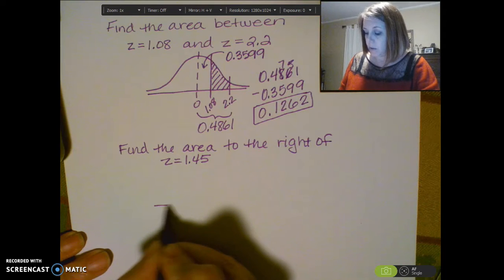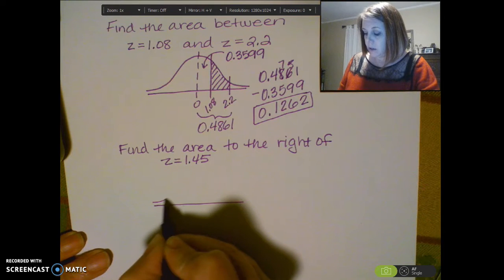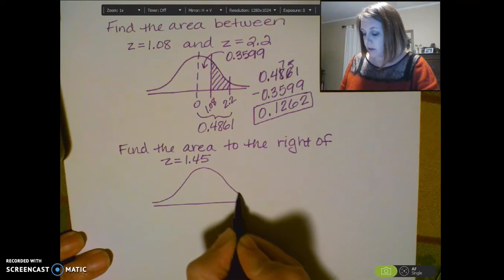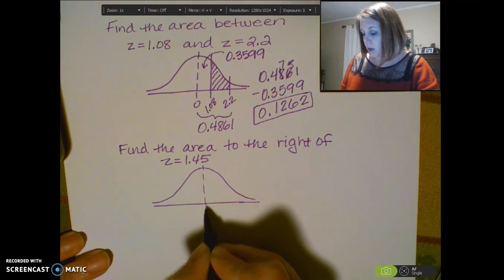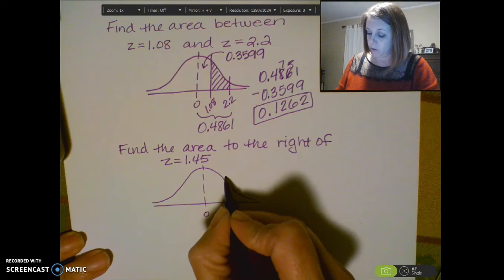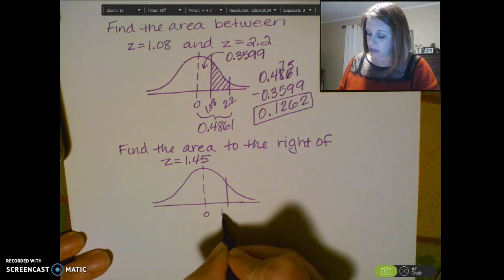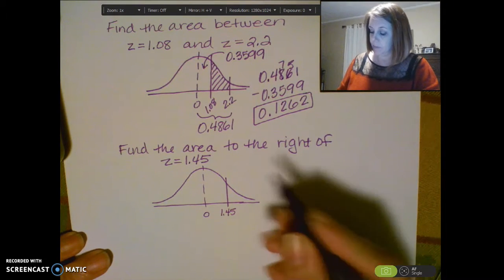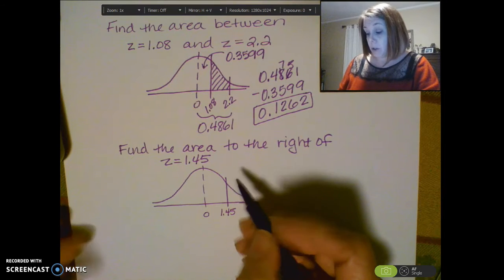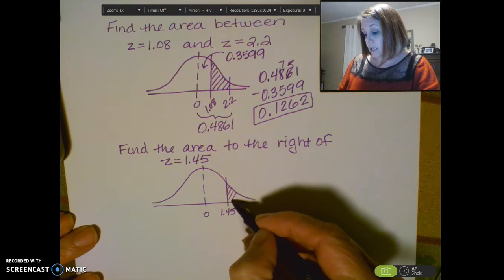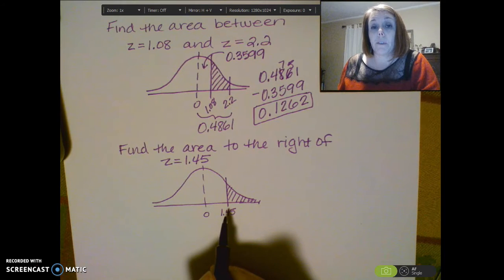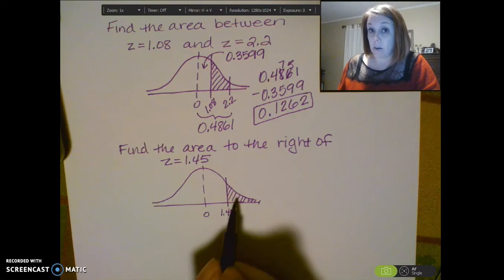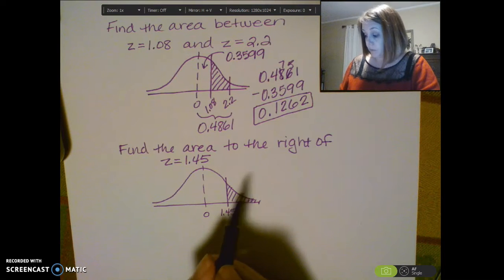Okay, so here again, start with our sketch. There's my 0 mark. 1.45, of course, lies to the right of the mean. And I want the area to the right of it, which means I'm going to shade out here in the tail. Keeping in mind that when I look up 1.45, it gives me the area between 0 and 1.45.